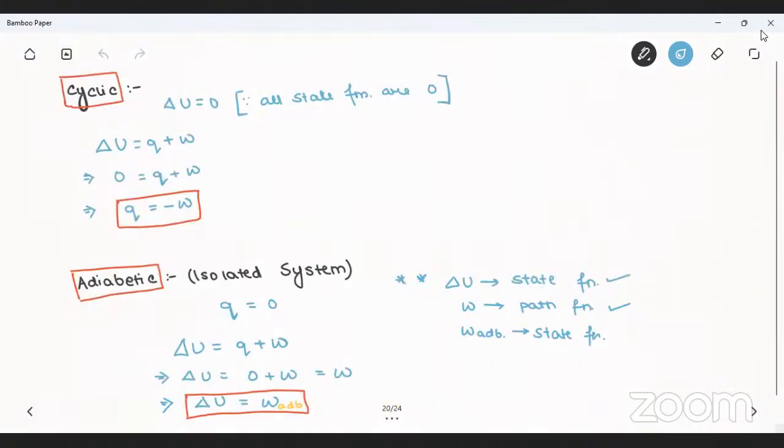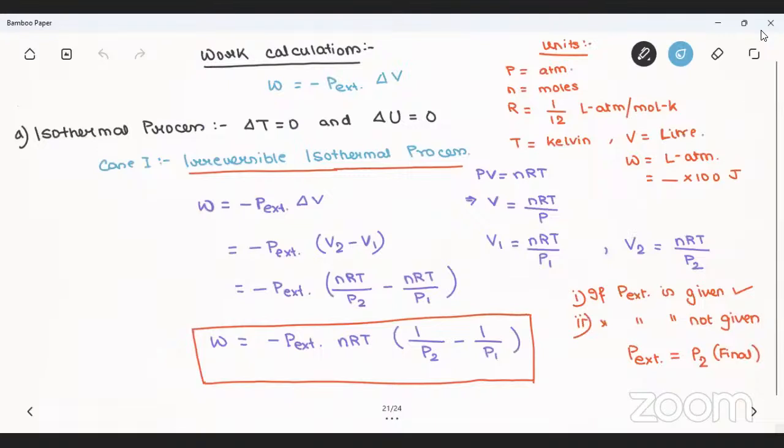Then we have done the work calculations, like how this formula changes for each of them. For the irreversible isothermal process, the reversible isothermal process, and so on. And we also know now what units to use. Is this part clear up to this?